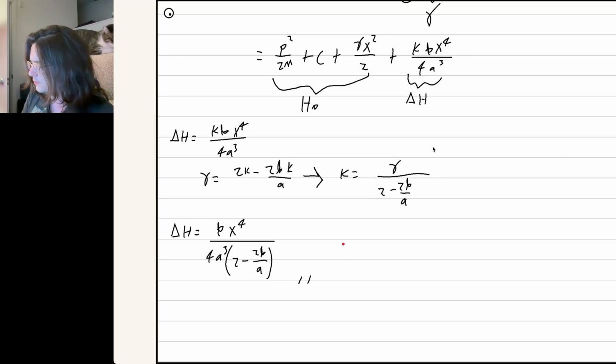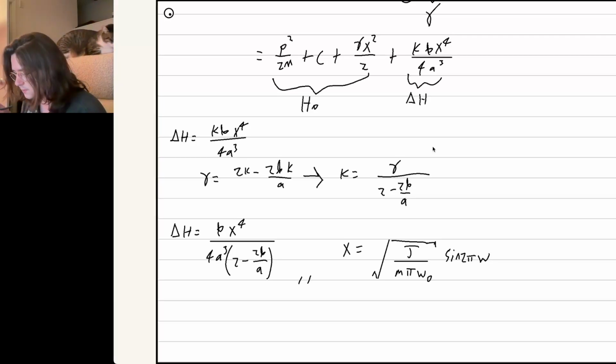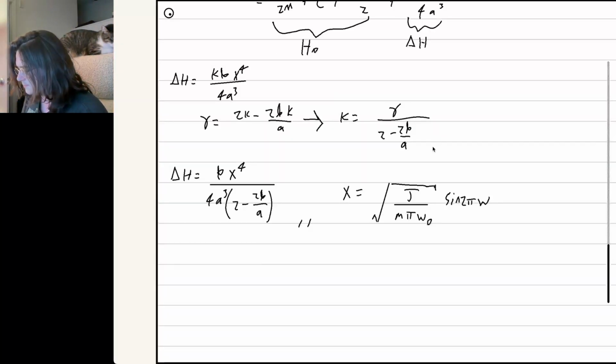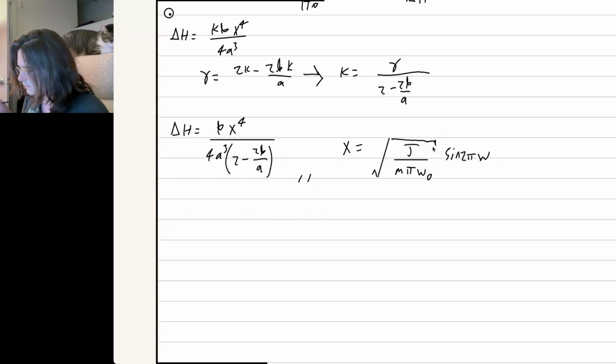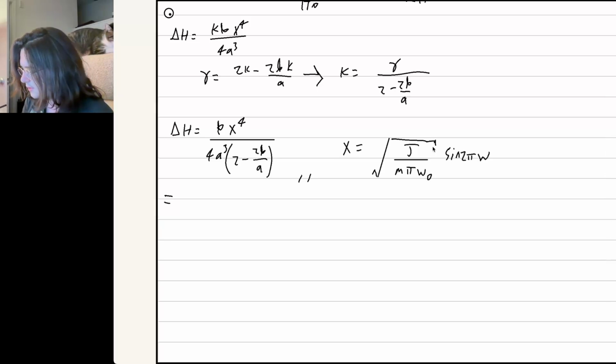Now we can use the solution of the position for the simple harmonic oscillator, which is used a lot in Goldstein. It's x equals the square root of J over m pi omega naught, where omega naught is the eigenfrequency, times sine 2 pi w, where w is just an angle. We'll just plug that into the perturbed Hamiltonian and simplify things a bit.